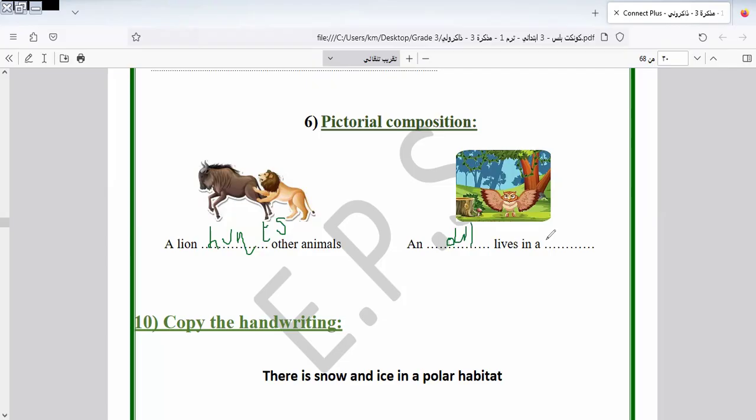Lives in desert. You can say an owl lives in desert. An owl lives in what? In desert. Put a full stop here.